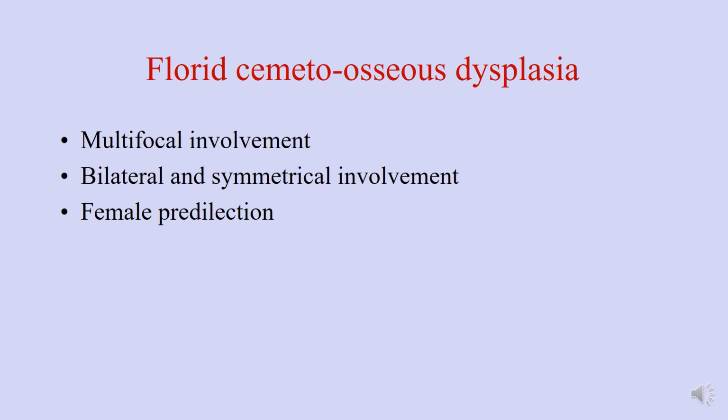Now, the difference between florid cementosseous dysplasia and gigantiform cementoma is that in gigantiform cementoma, there is all four quadrant involvement, right? So it is more aggressive, and it previously was used as a synonym for florid, but now it's not.